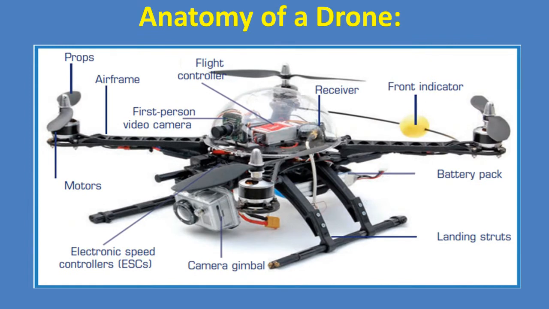Anatomy of a drone is shown here. A drone consists of the airframe with 4 rotors, the propellers, motors, airframe, front indicator, this is a ball indicator, battery pack, landing struts, camera gimbal, electronic speed controller and flight controller with a first person video camera.